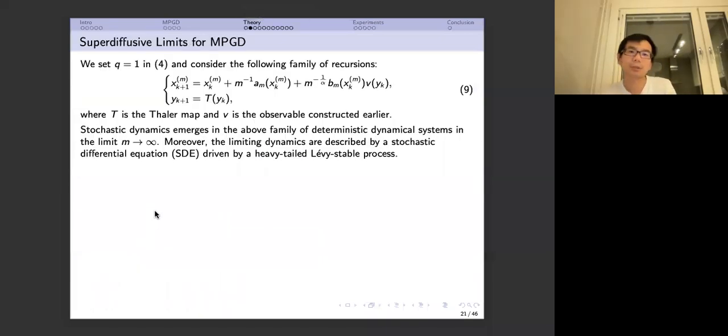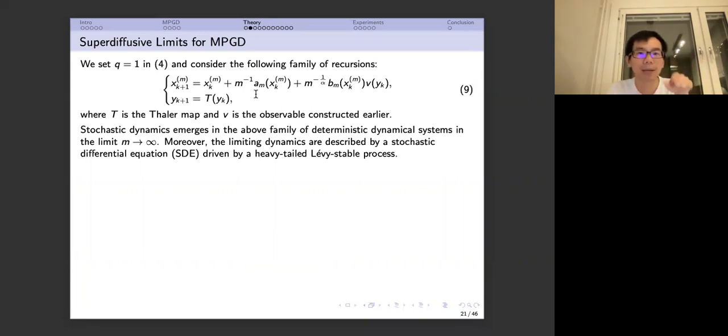First, going back to what we talked about just now. The idea is that if we choose suitable scaling limits in the MPGD, so here there's 1 over m, where m is a parameter, and then 1 over m to the power of negative 1 over alpha. Remember, alpha is this parameter in the Taylor map.